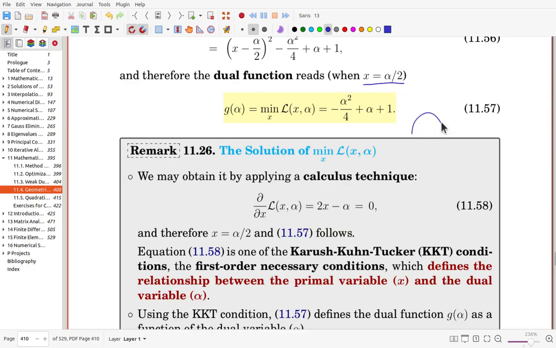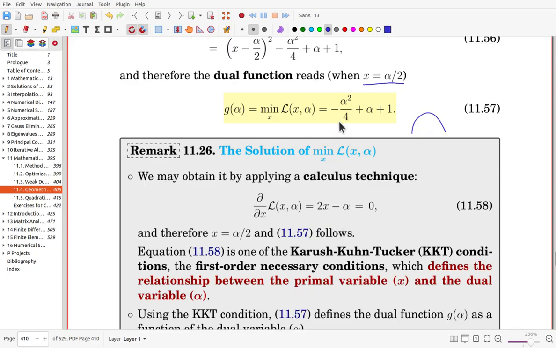It is concave. Anyway, we can get this either this way or by using the calculus technique as part of the KKT conditions.